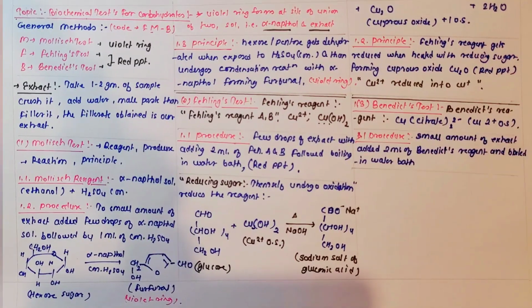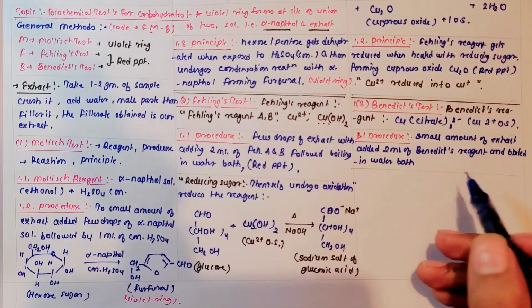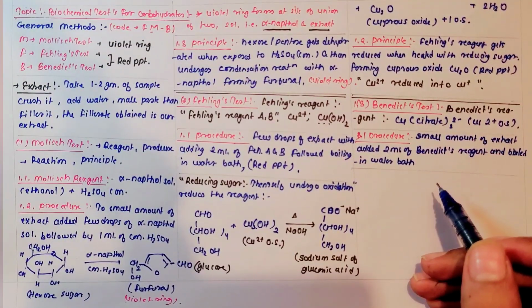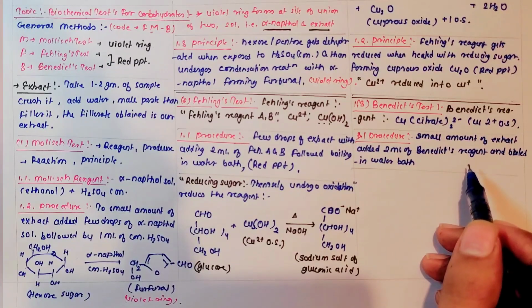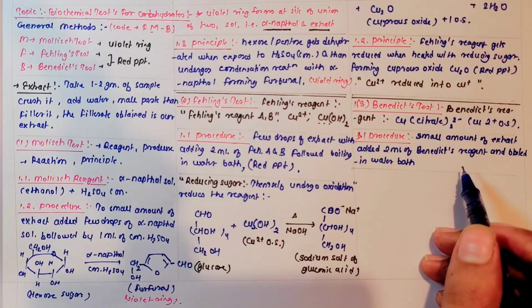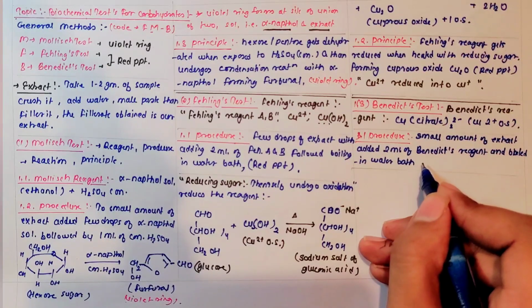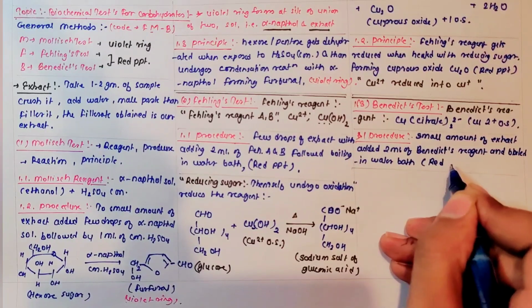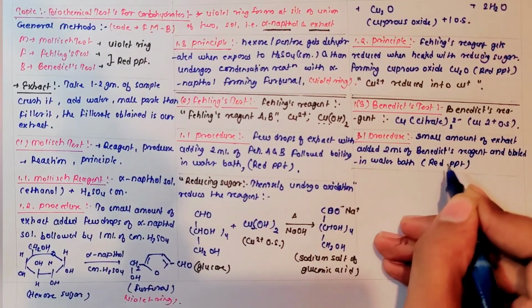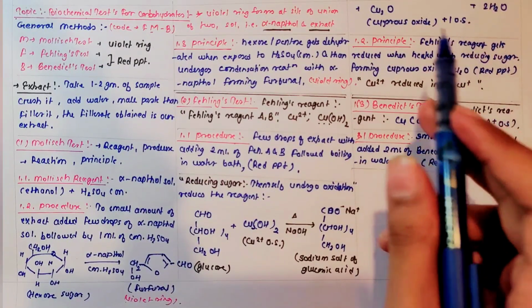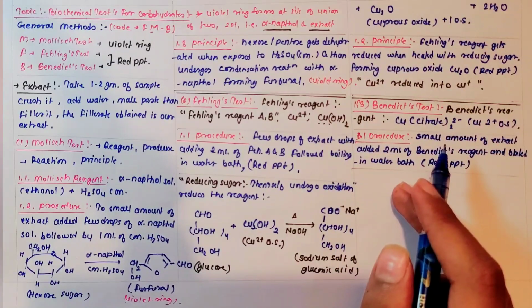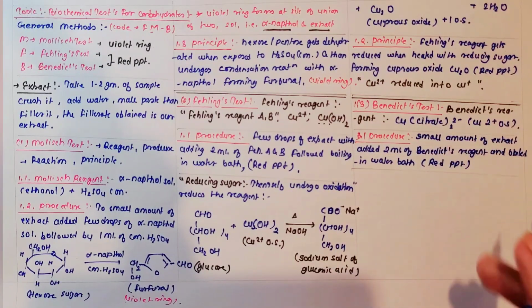The procedure is very simple, the same as Fehling's test: a small amount of extract, add a few drops of Benedict's reagent, and heat or boil in a water bath. It will also give the end product of red precipitate, because the product formed is the same as in Fehling's test, that is cuprous oxide.